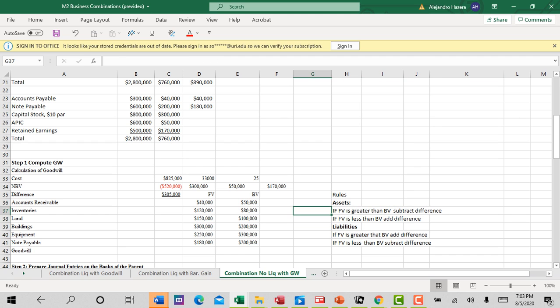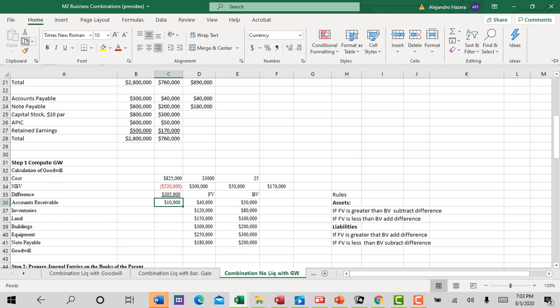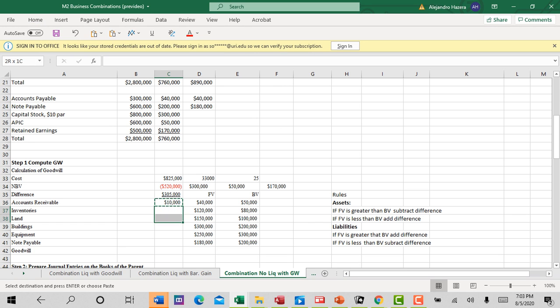Liabilities are the opposite. So for this one, if we just do this, negative 40 minus 50, we add the difference because the fair value is less than the book value, and we're going to copy this down to here.